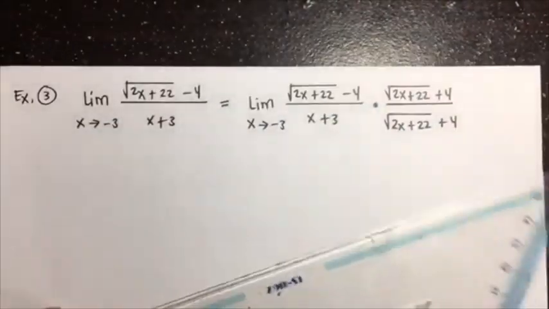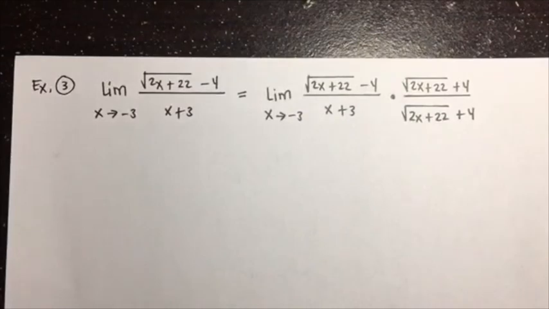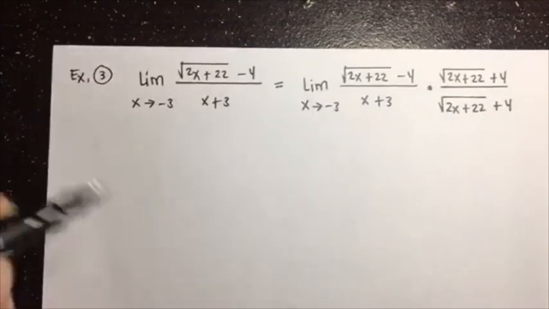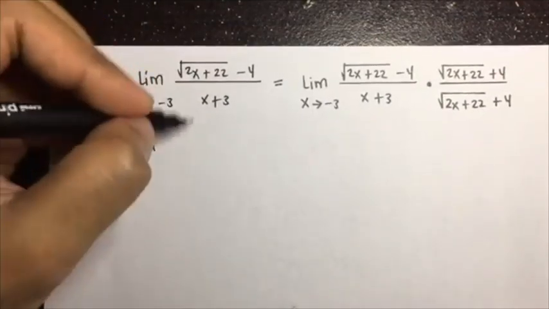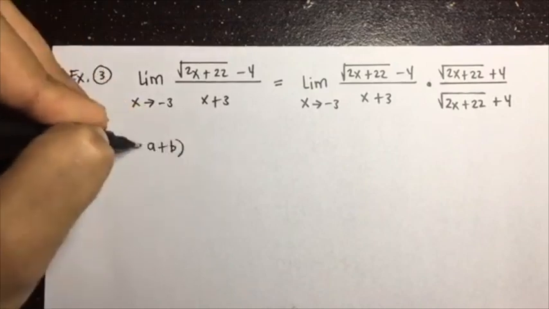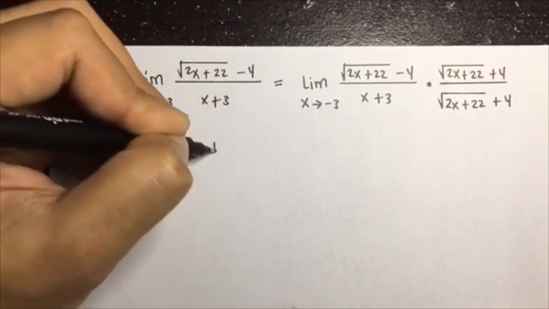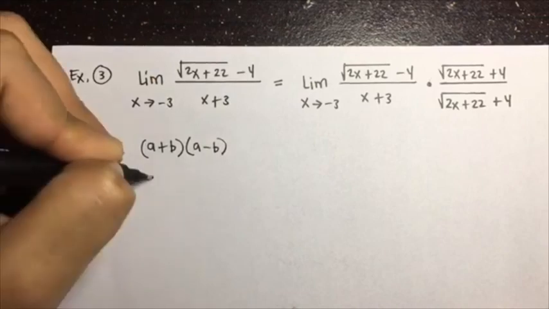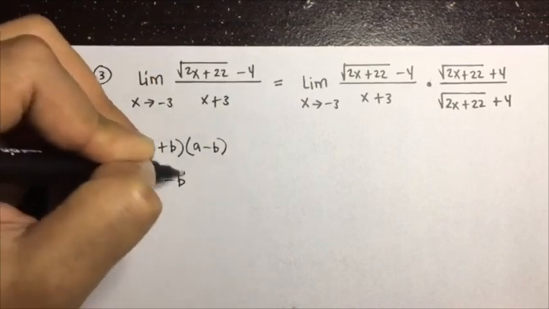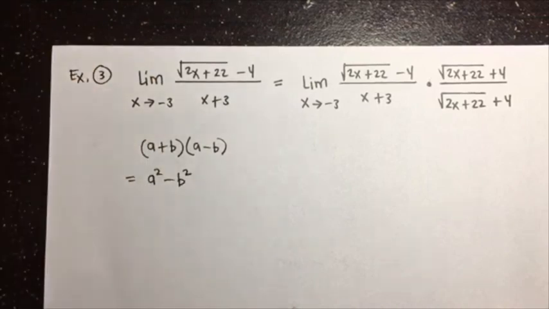So why did we do that? Again, to eliminate the square root. Recall, in special products, if we have a plus b times a minus b, it becomes a squared minus b squared.